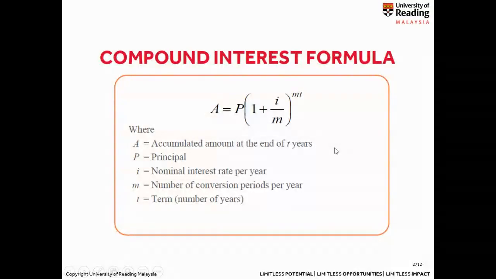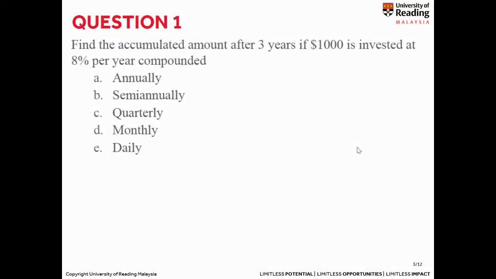I'm sure you still remember this formula for compound interest. So let's look at the questions for you to revise. Question 1, find the accumulated amount after 3 years if 1,000 ringgit is invested at 8% per year compounded annually, semi-annually, quarterly, monthly, daily.